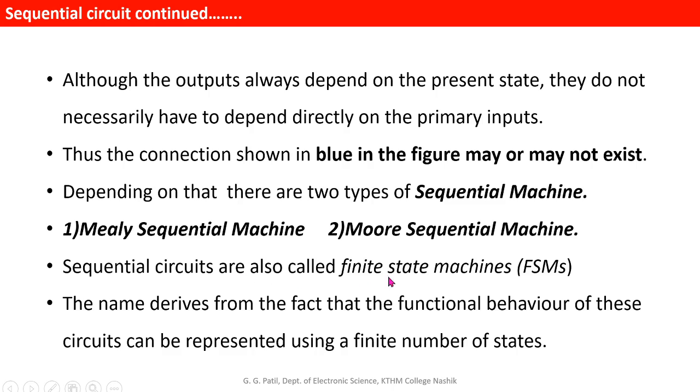The sequential circuits are also called finite state machines, in short FSM. The name FSM derives from the fact that the functional behavior of the circuits can be represented using a finite number of states, or we can say since there are a finite number of states the sequential machine goes through, such machines are called finite state machines.